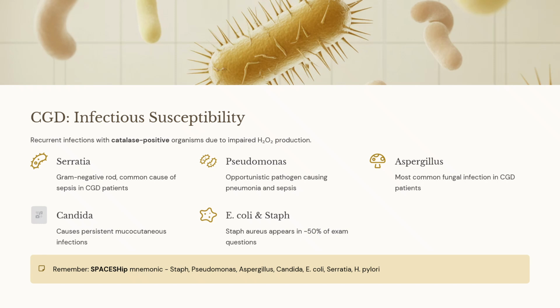Now, what are the catalase positive organisms? The mnemonic is SPACESHIP. S stands for Staphylococcus aureus, Pseudomonas, Aspergillus, Candida, E. coli, Serratia, H. pylori. Those with chronic granulomatous disease are more susceptible to these infections.